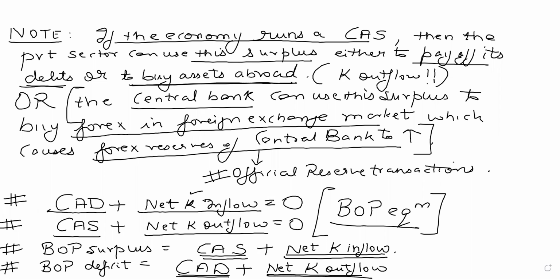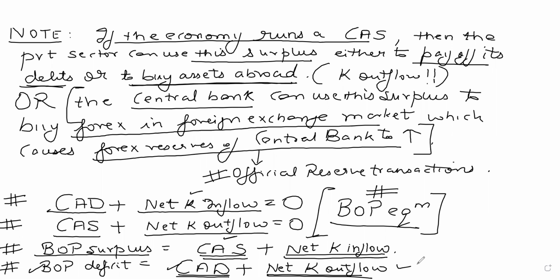So students should be able to understand that balance of payment equilibrium is a desired situation. But if I talk about BOP surplus, balance of payments of an economy is in surplus when both the current and the capital account are in surplus. And balance of payment of any economy is said to be in deficit if both the current and the capital accounts are running deficit.